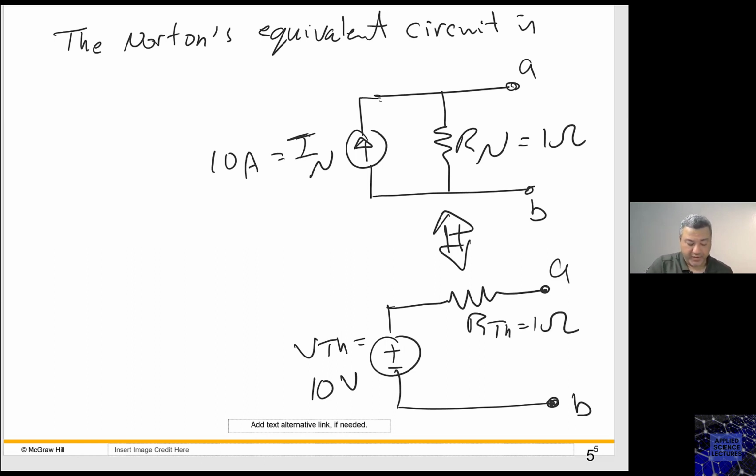How did you get this V Thevenin? Well, don't forget that V Thevenin is R Norton times I Norton.